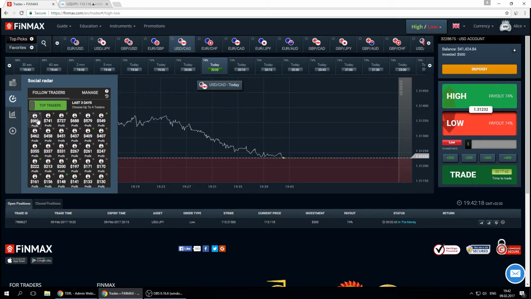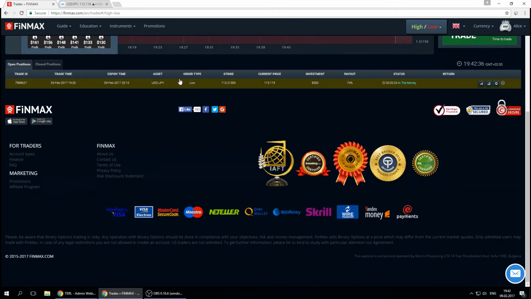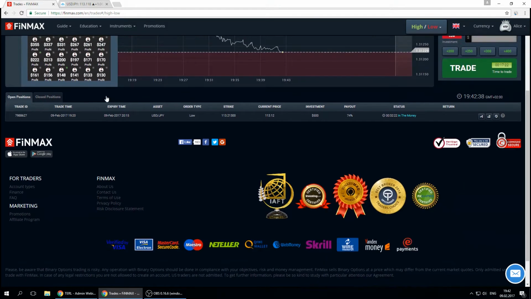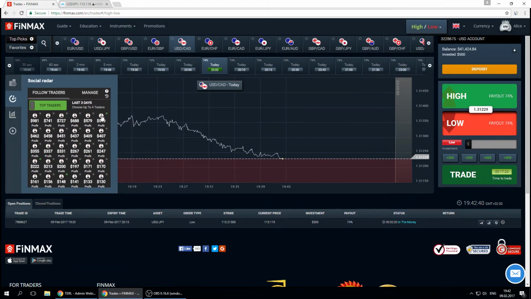You can see who of them are online. They are highlighted in green, along with how much profit they have made and what their turnover is. So if you start using the social radar, you can choose among pretty many of the traders that we have currently.